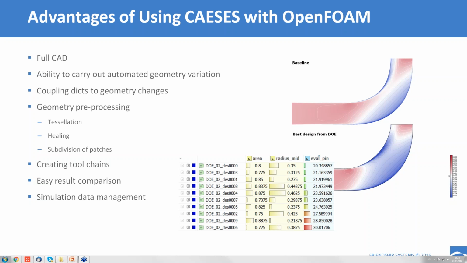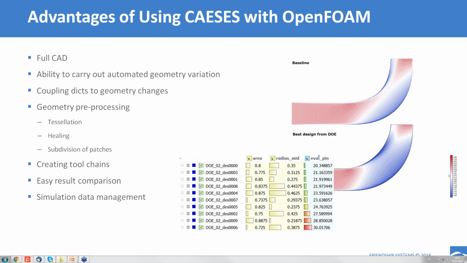we can see that we have a full CAD tool available that we can use to model geometry, process geometry, and so on. We have the ability to carry out automated geometry variation in connection with the CFD. So every design that we create, as we have seen in Carsten's demonstration, will be automatically evaluated by OpenFOAM.